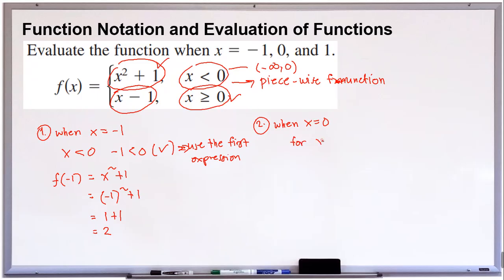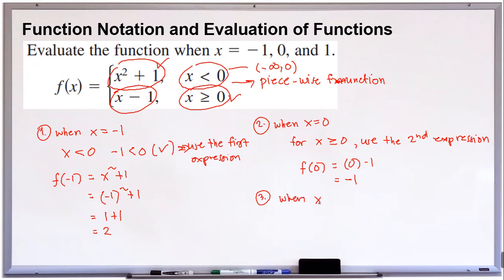So for x greater than or equal to 0, we're going to use the second expression of the piecewise function. So we have f of 0 equals, the second expression is x minus 1, so that is 0 minus 1, so that is -1.